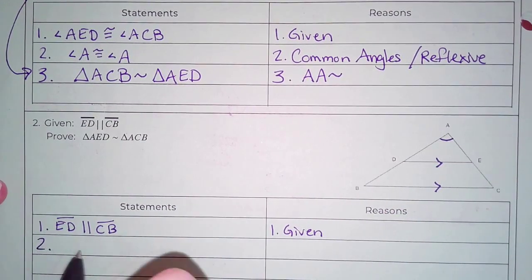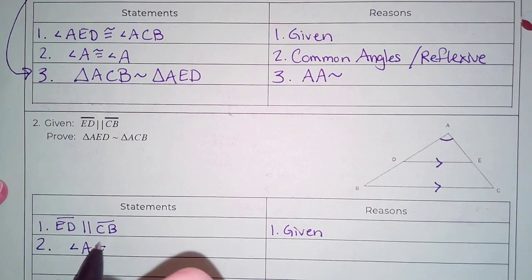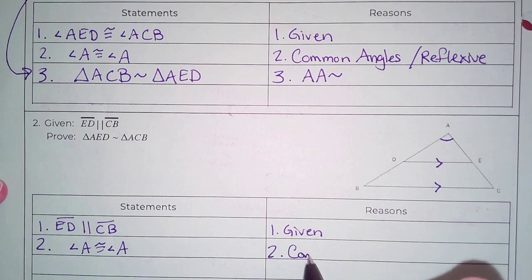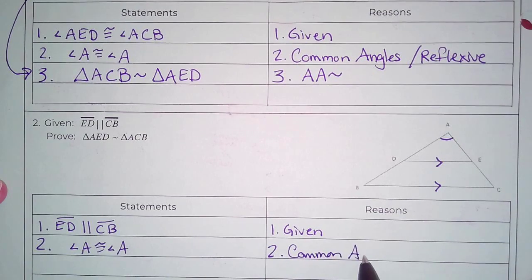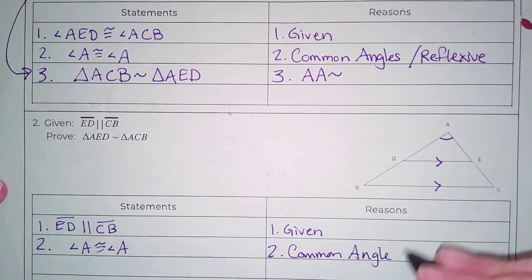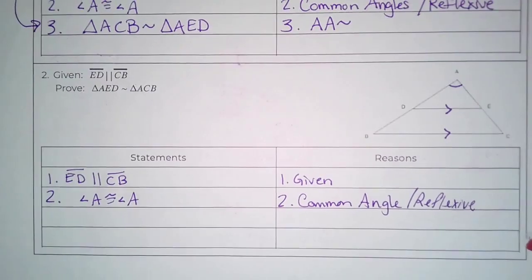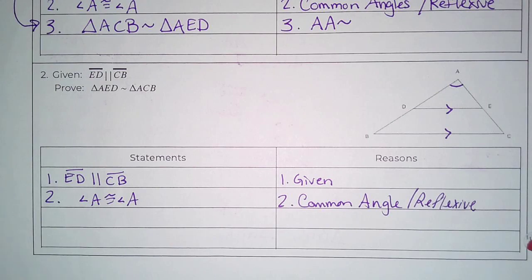So step 2 is going to say angle A is congruent to angle A. Common angle or reflexive. I'm going to write both for our notes, but you can write either one. Whatever you want. You don't have to write both.